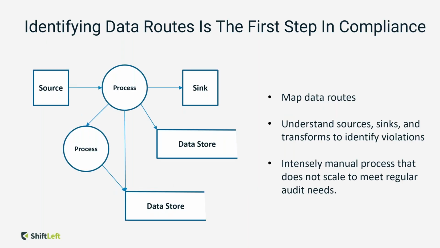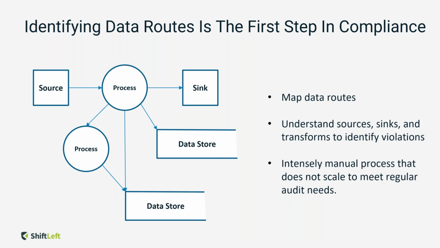Step one is identifying where all my data is flowing to. On the left is a data flow diagram. This is commonly how engineering organizations would represent data flow in web applications. What this shows is that data comes in from a source and goes through a bunch of processes.